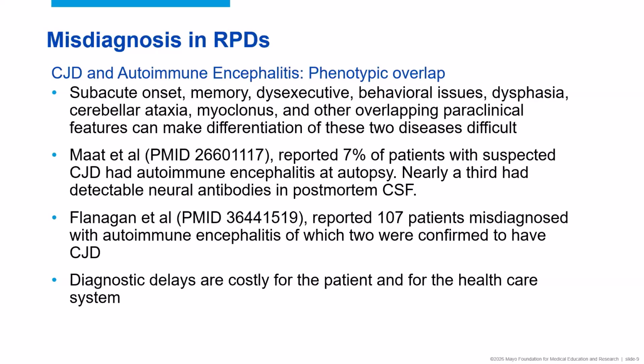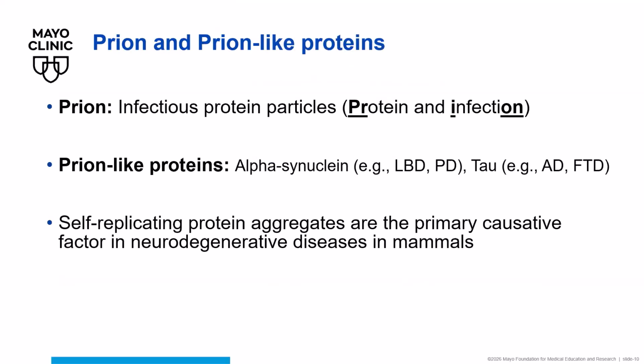Again, I mentioned before whether or not to treat, what to treat with, and then obviously those delays are very costly for the patient, as well as for the healthcare system. So it's very important to get the diagnosis right as quickly as possible.